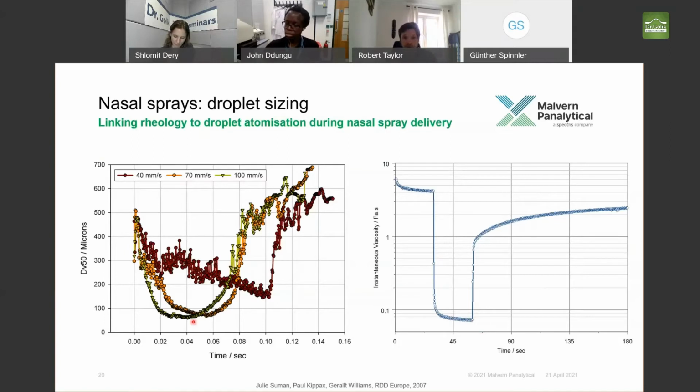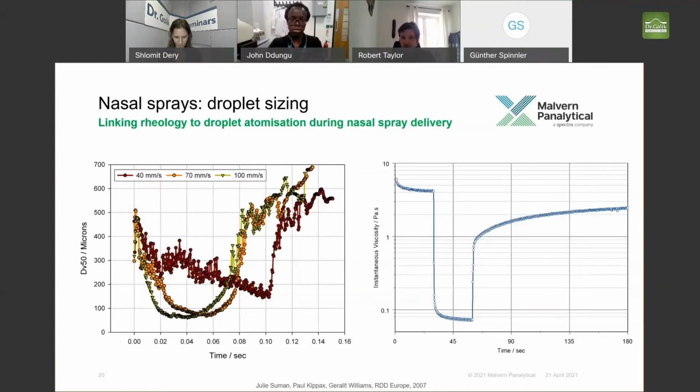And again, from these time profiles, this is where we're actually actuating at different speeds. So we have 40 millimeters per second, 70 and 100 millimeters per second. And we can see that at these two higher speeds of actuation, we get a pretty nice looking developed phase. We get down to low particle sizes, that's good. But at 40 millimeters per second, it's bad.